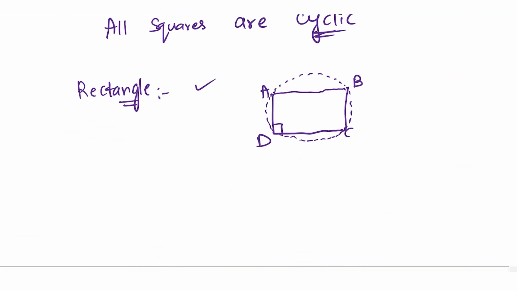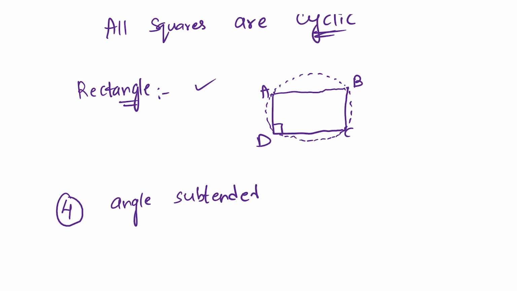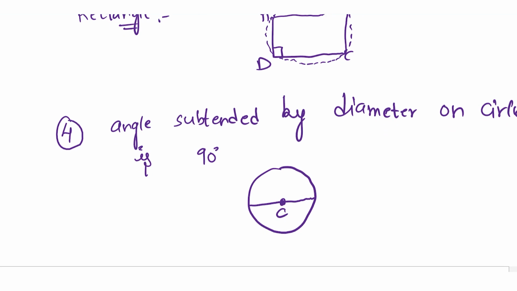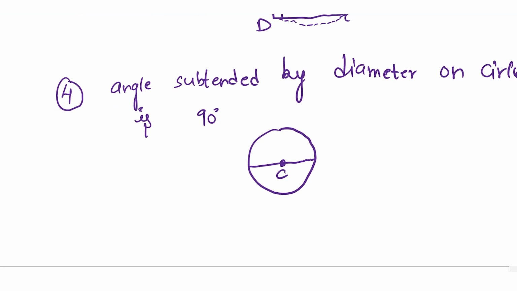And the fourth theorem is simple. The fourth one is the angle subtended by a diameter. What I mean by that is, let's say there is a circle and this is the diameter. It passes through the center.